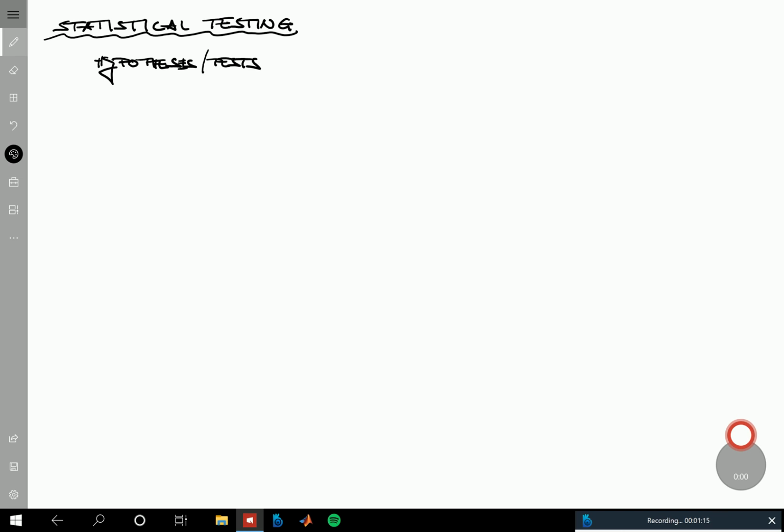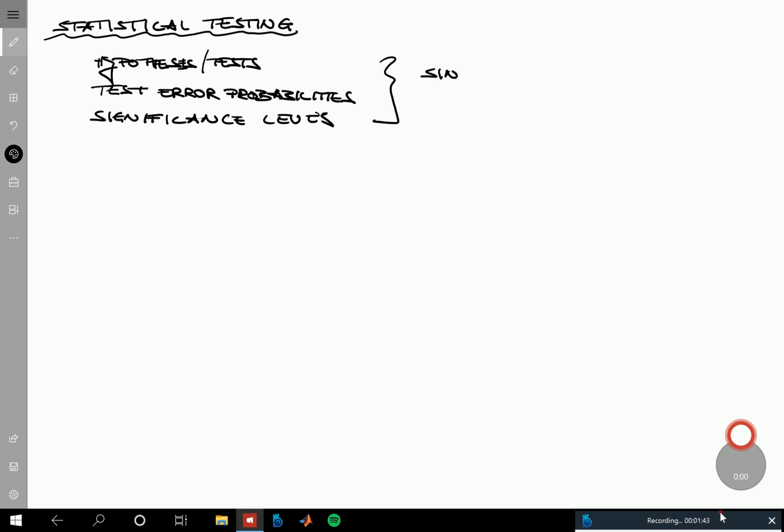Briefly again about test error probabilities and significance levels, and we will do both of these for the single test scenario, where you have one test that you're trying to evaluate.